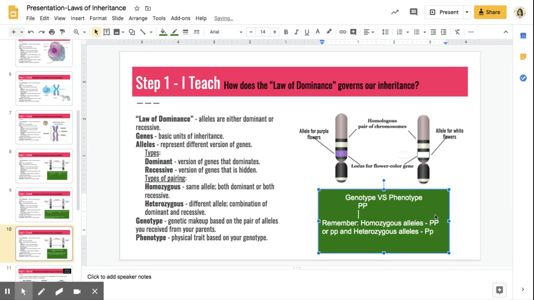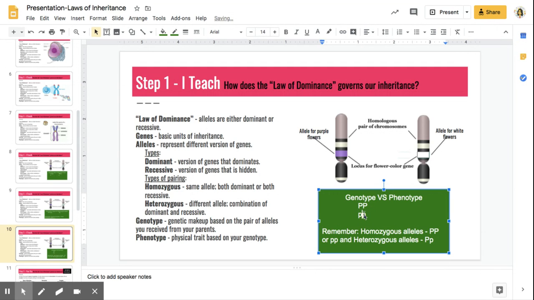Or we could have homozygous recessive, which is both smaller p's. Again, it's homozygous because they are the same, and it's recessive because it has the recessive allele, or the white color.